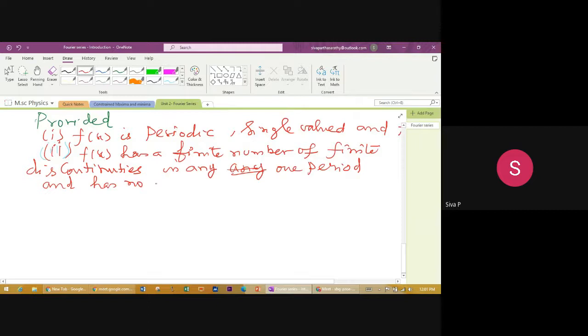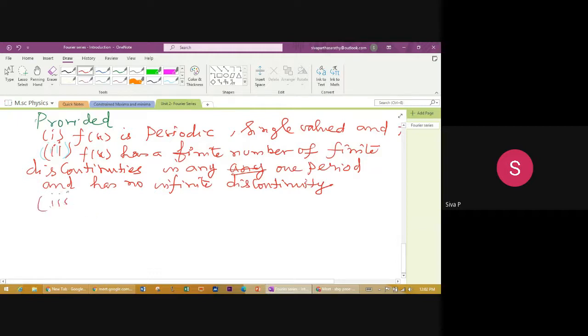Has no infinite discontinuity. Okay. Please think over what is called continuity, finite number of discontinuity. What is called continuity and discontinuity?